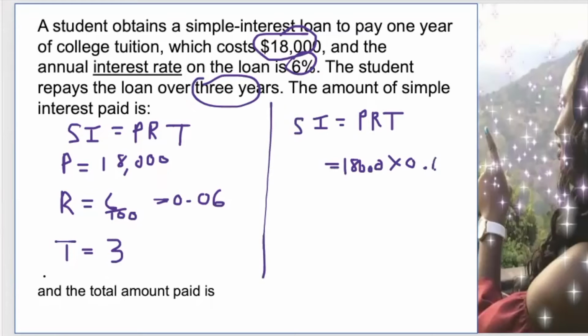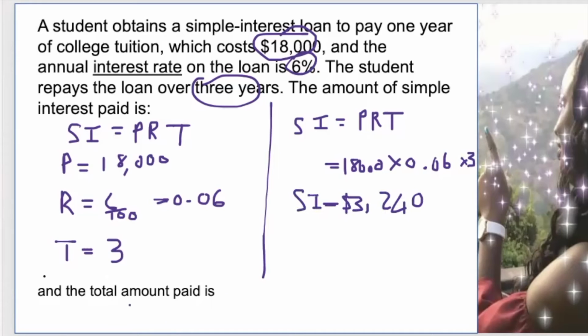And T, which is time in years, is 3. So multiplying this, 18,000 times 0.06 times 3 will give us our simple interest. So our answer is $3,240.